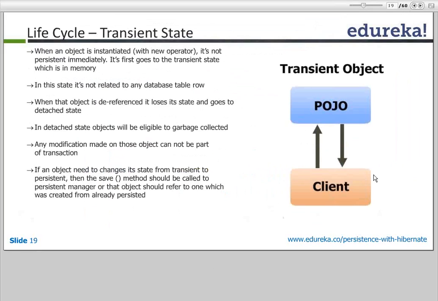So the transient state is where there is no ORM in the picture.